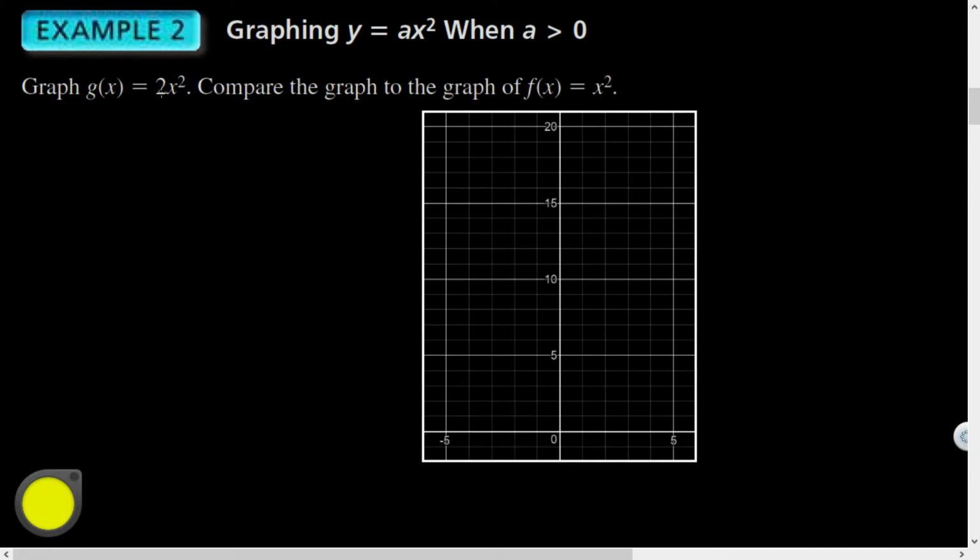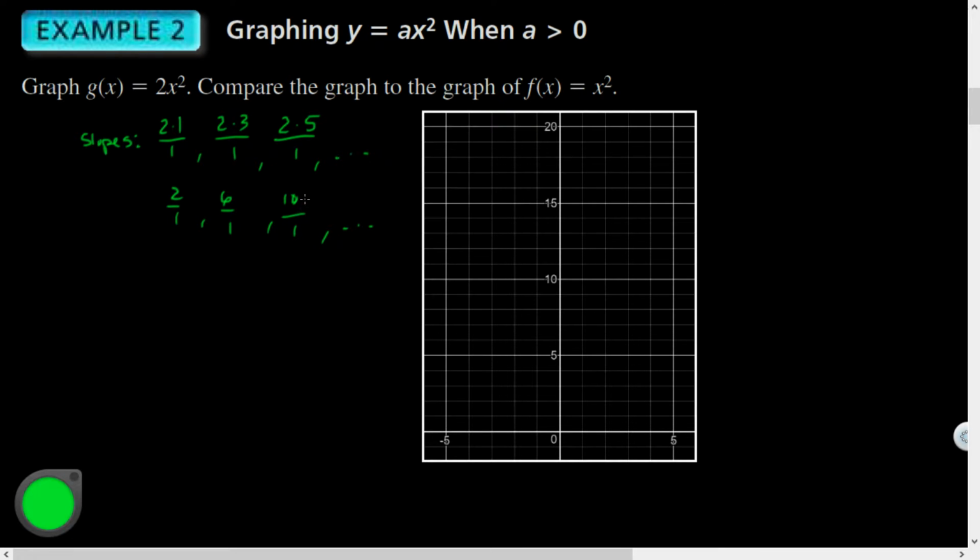So, let's graph 2x squared. We actually just did that one, but that's fine. So, my slopes are going to be 2 times 1 over 1, 2 times 3 over 1, and 2 times 5 over 1, etc. And those numbers are actually 2 over 1, 6 over 1, and 10 over 1.